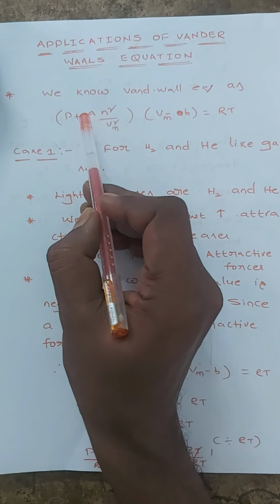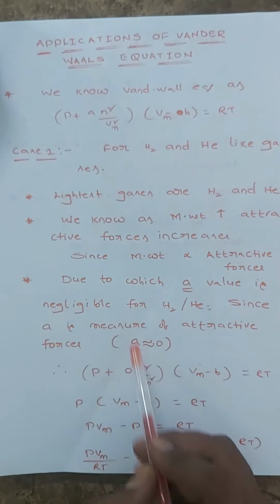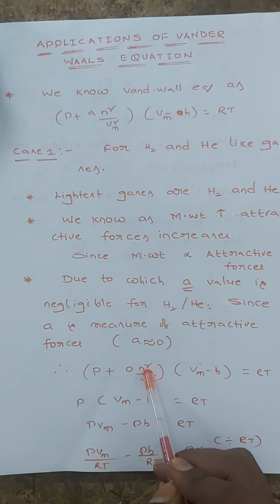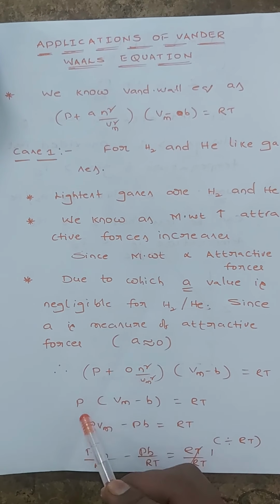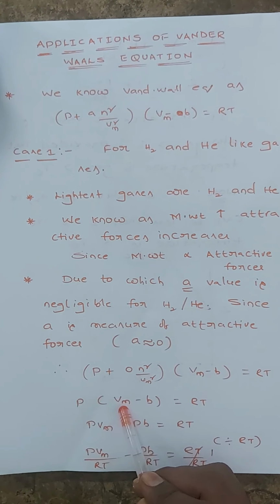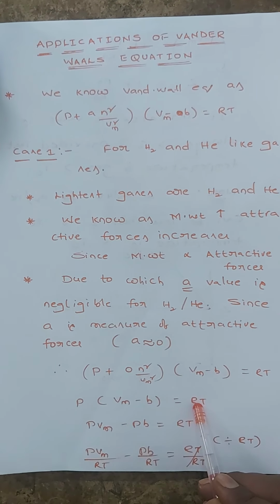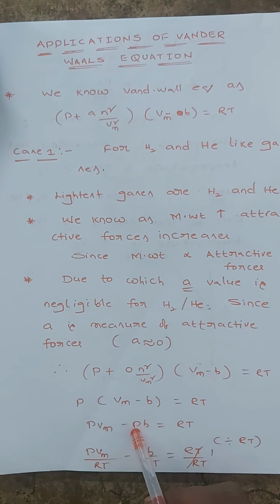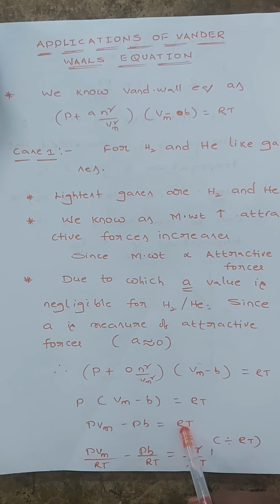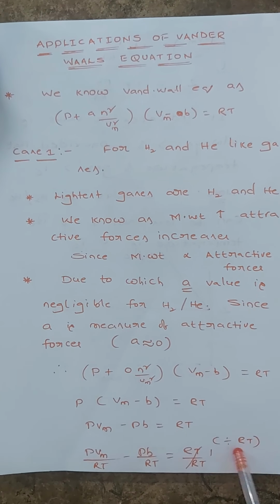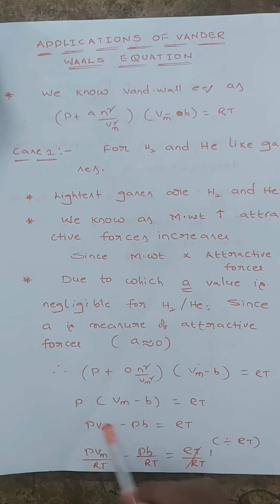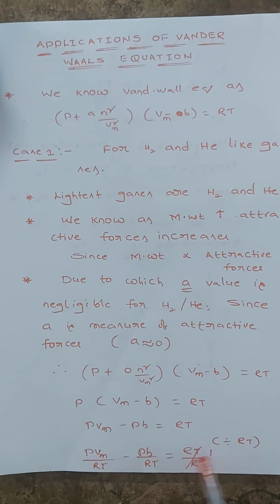If I substitute a with 0, then automatically this entire factor becomes 0. So we will get P into (Vm minus b) is equal to RT. That is, PVm minus Pb is equal to RT. I have divided this equation by RT.